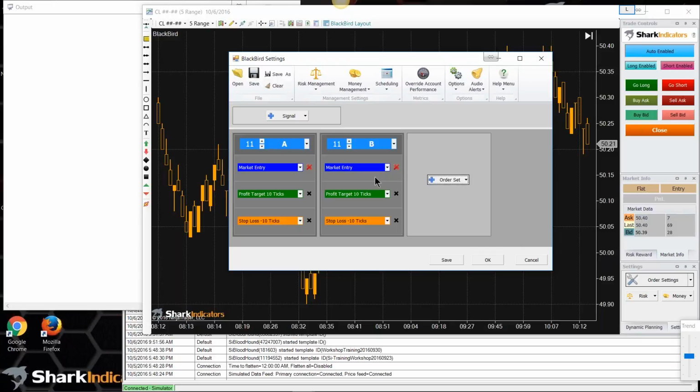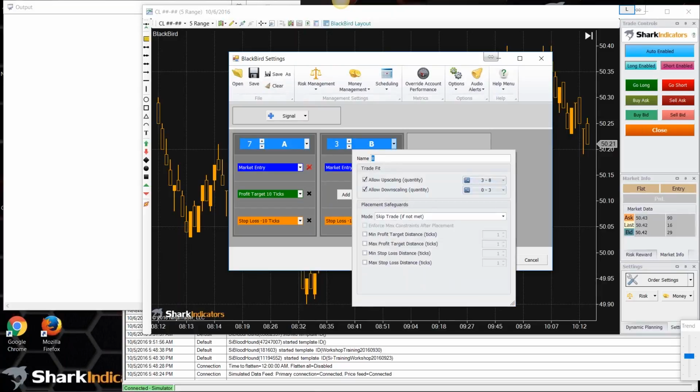So let's see here. I'll adjust the number of contracts. So all right, let's say we want to trade 10 lots here. So 7 of them we just want for a quick profit target, and then 3 of them we want to be our runner here.